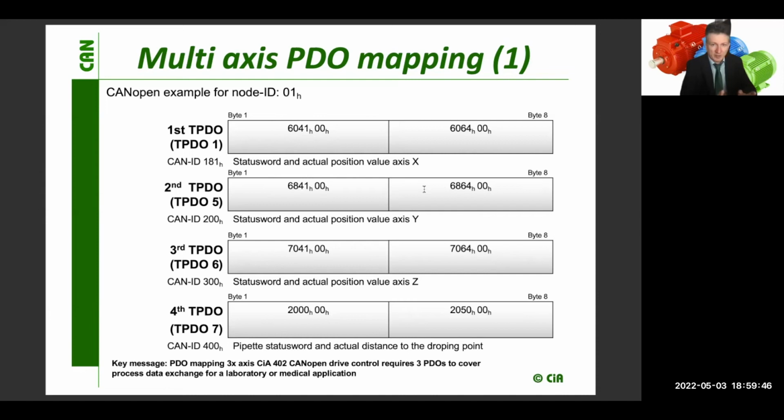The second PDO provides the status word for the Y axis, and the third one is for the Z axis. Additionally, the fourth may be manufacturer specific. You could design this in a manufacturer specific area and say this is for the injector, whatsoever. This is just an example of how it could look in terms of PDO mapping.